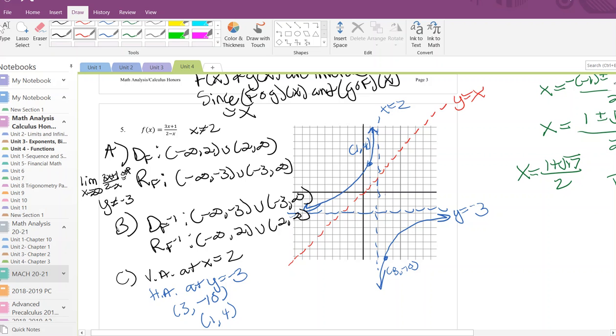And now if we look at the graph of the inverse, remember, you're just going to switch the x's and y's.